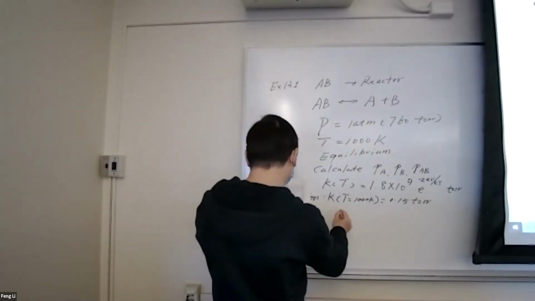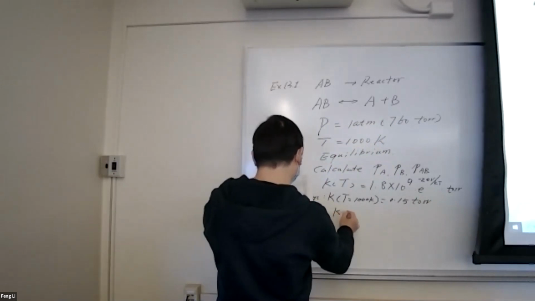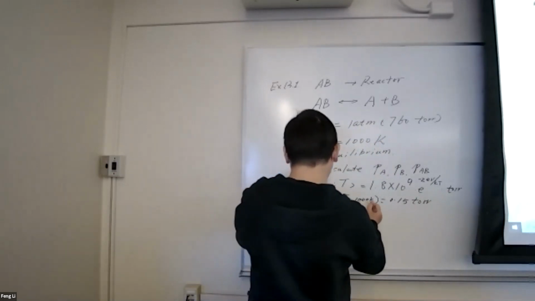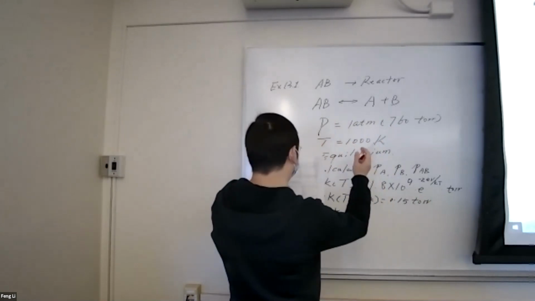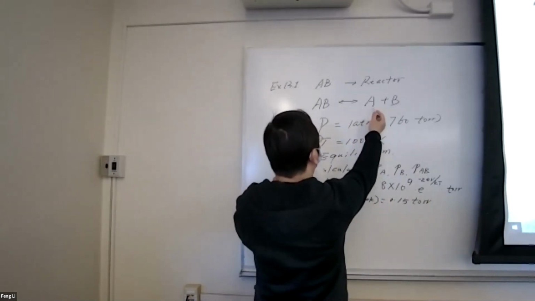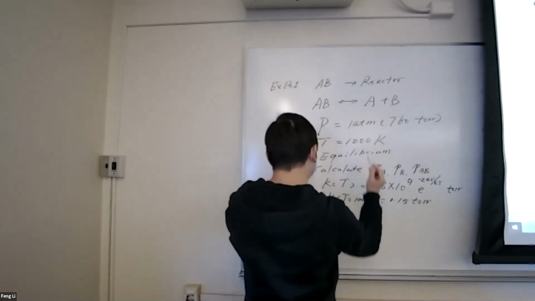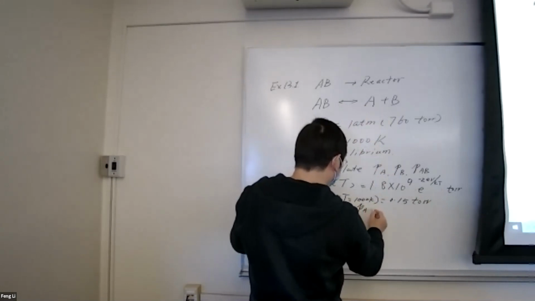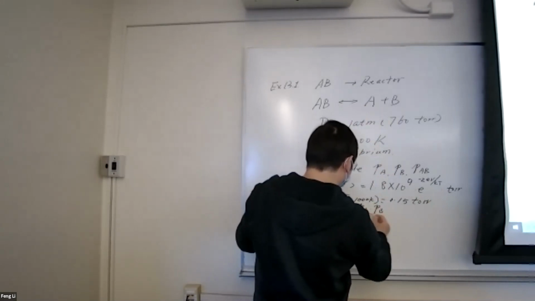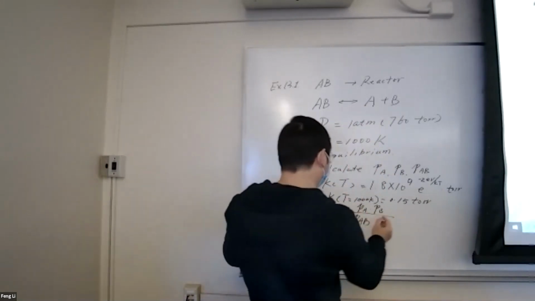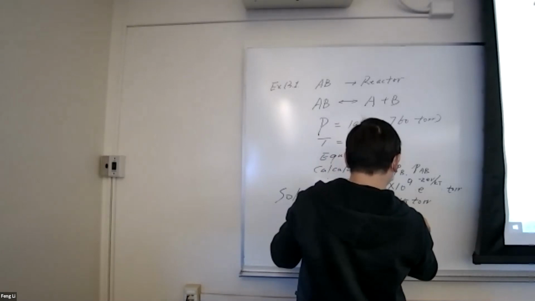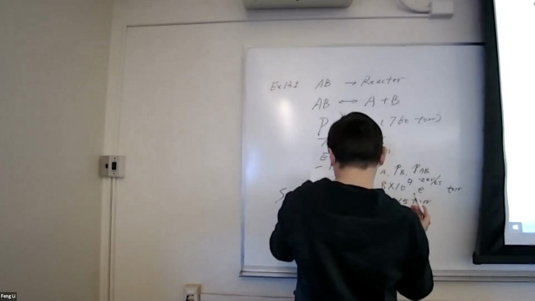And K is actually defined as, so we have pressure A, pressure B, and pressure AB, so PA times PB over PAB. So this equals 0.154.